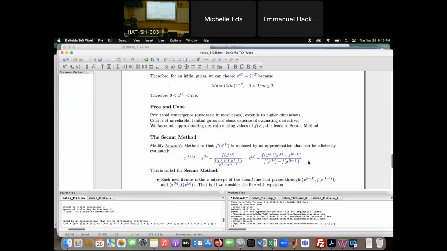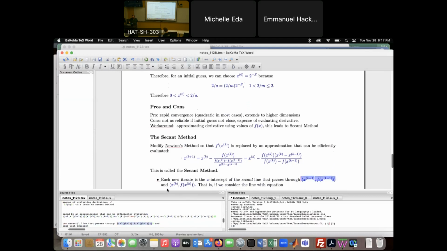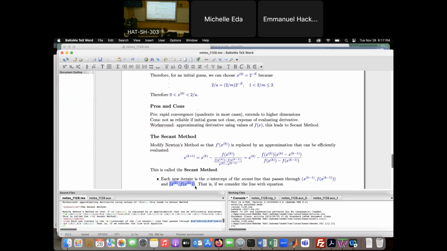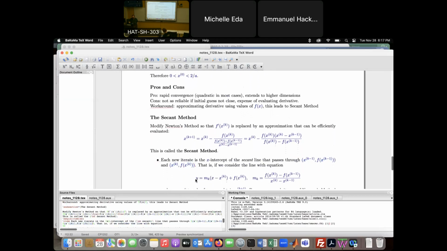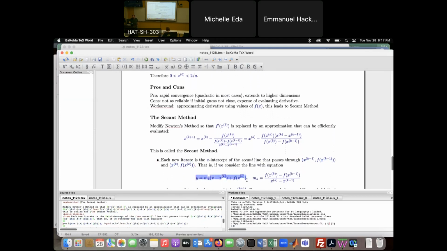So what happens is each new iterate is the x-intercept of the secant line that passes through these two points on the graph of f. So instead of approximating f by the tangent line, you have this linear approximation of f, and the slope is given by this difference quotient instead of the actual derivative.